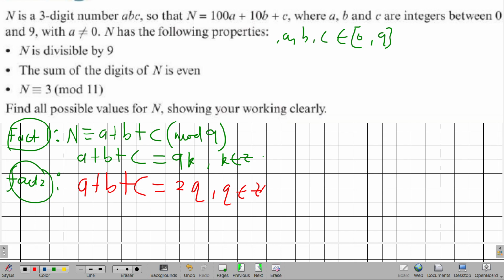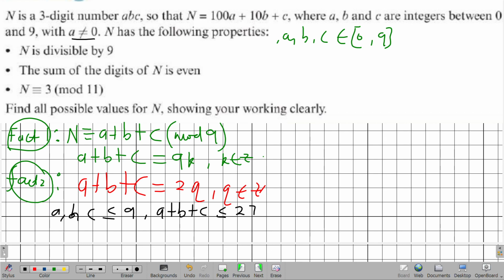So what we understand from these two statements is very important. First of all, a, b and c are all less than or equal to 9. And at the same time, the maximum number we can get when we add the 3 digits a, b, and c should be 27.